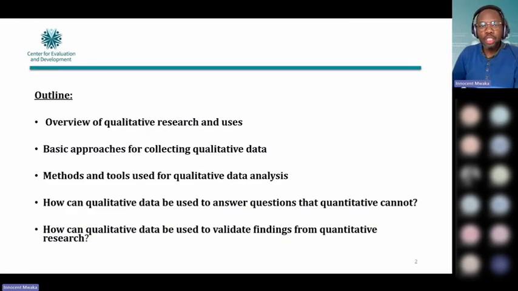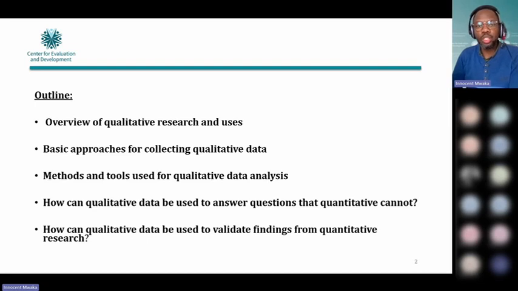Maybe just to give you an outline of how we're going to proceed. We have an overview of qualitative research and its uses. In the last couple of trainings in the first year and the second year, there was an emphasis on the quantitative side.